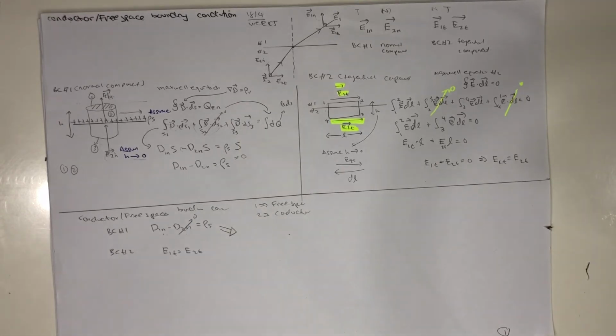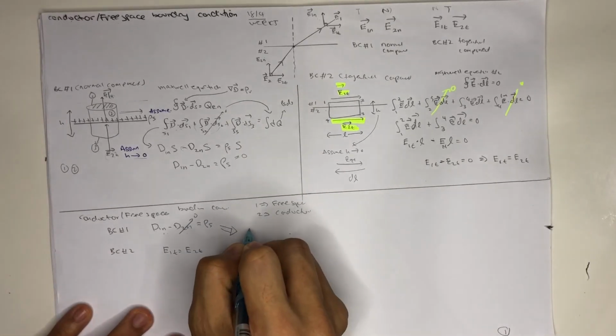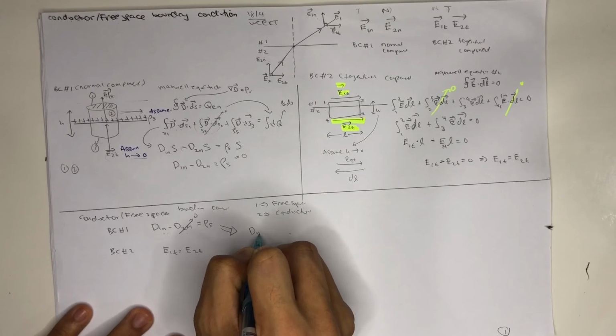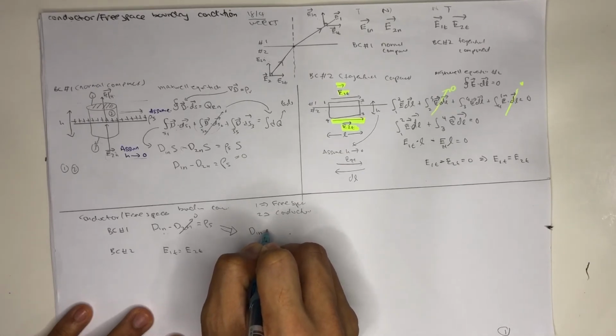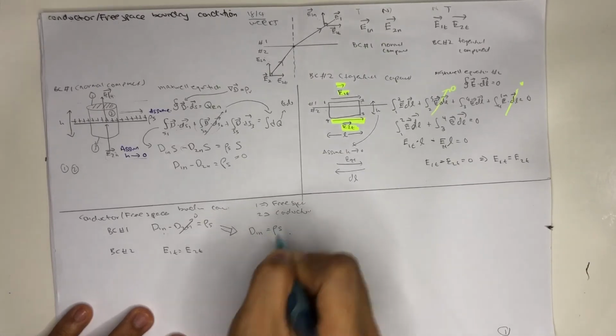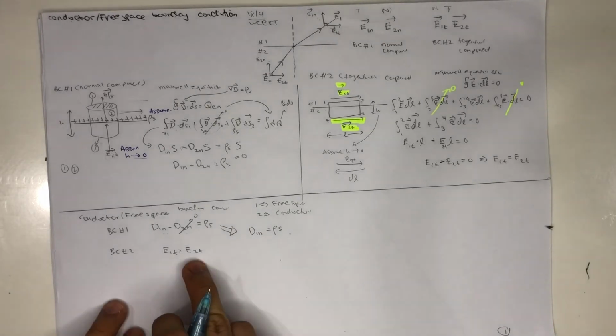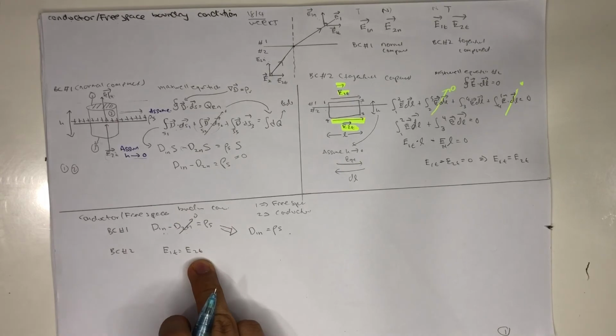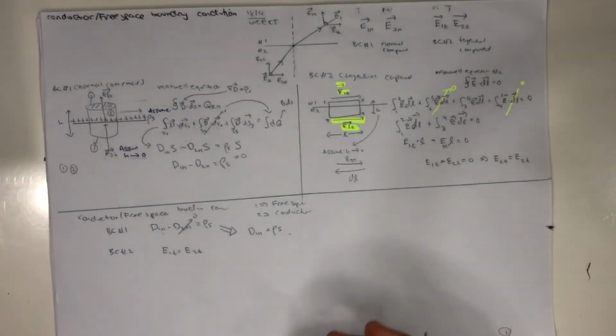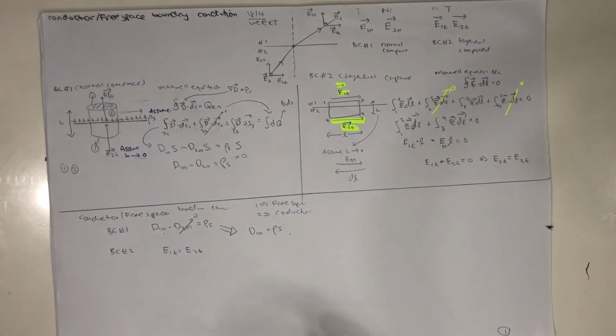Then you will come across the simpler form, which is D1N equals rho S. And how about E1T and E2T? The same thing, you see this is 0.